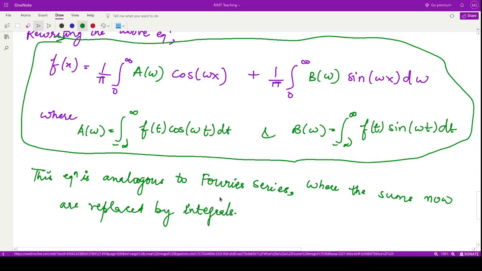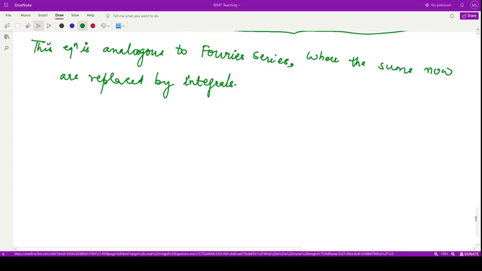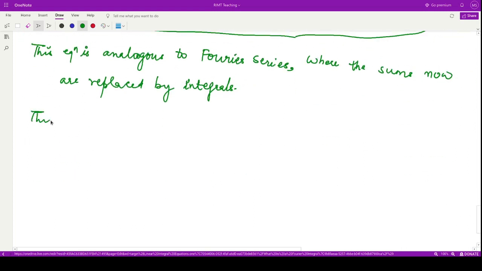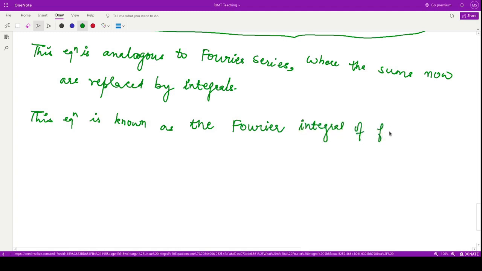Right? So we can call this equation the Fourier integral of the function f of x. Right? So this is what we wanted to prove here.